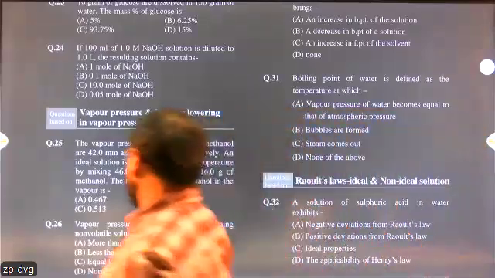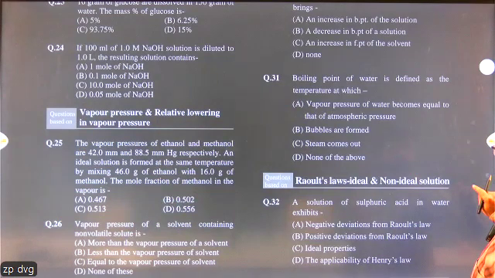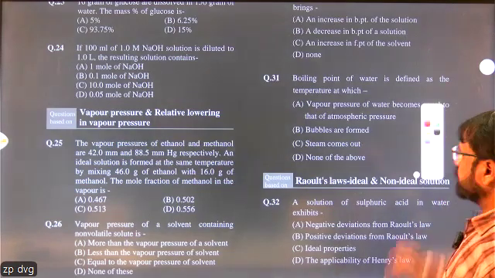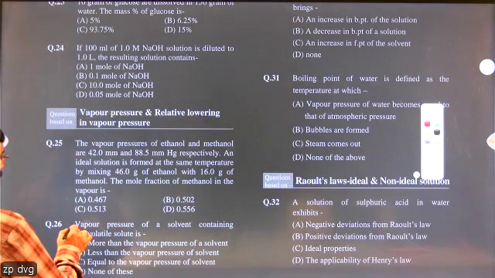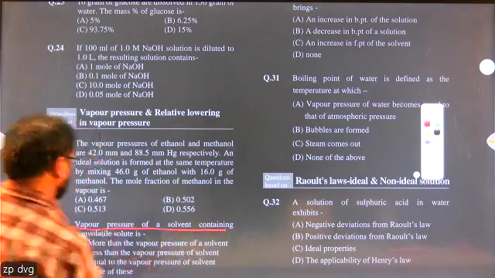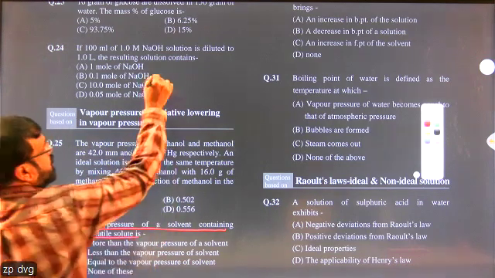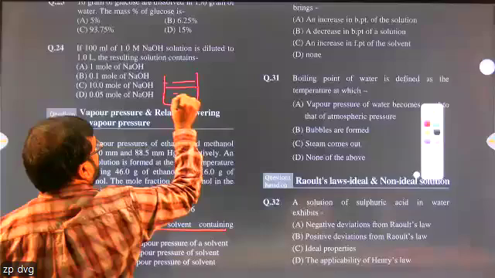So, what is question number 26? See this. Vapor pressure of solvent containing non-volatile solute. See, it is a pure solvent.